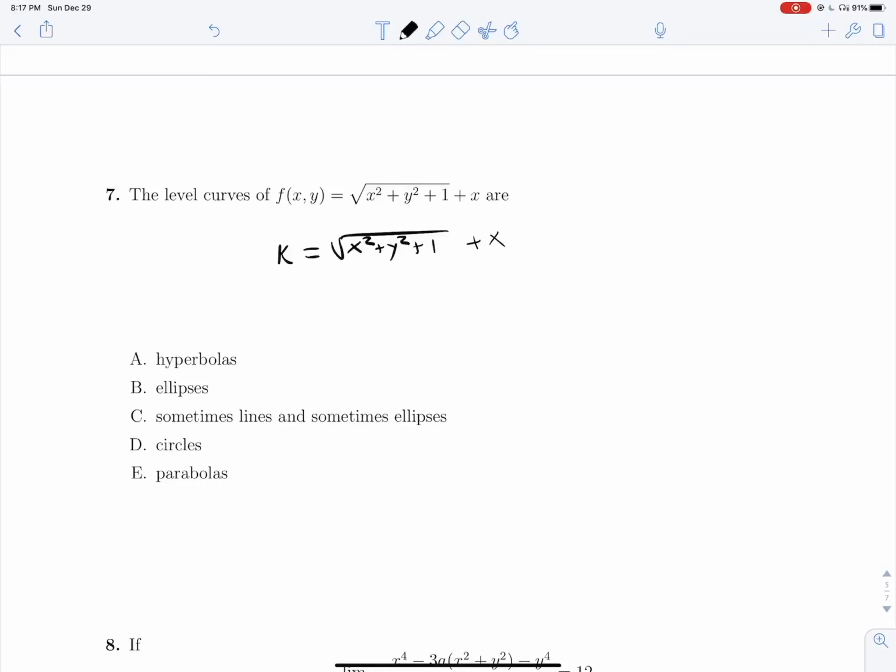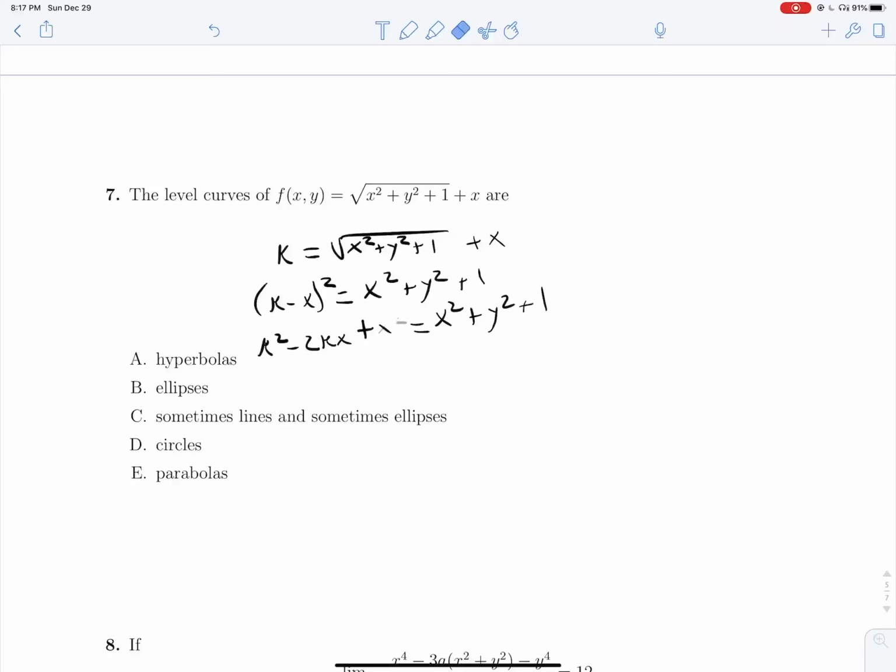We can rearrange this to k minus x equals root x squared plus y squared plus 1. This will be k squared minus 2kx plus x squared equals x squared plus y squared plus 1.